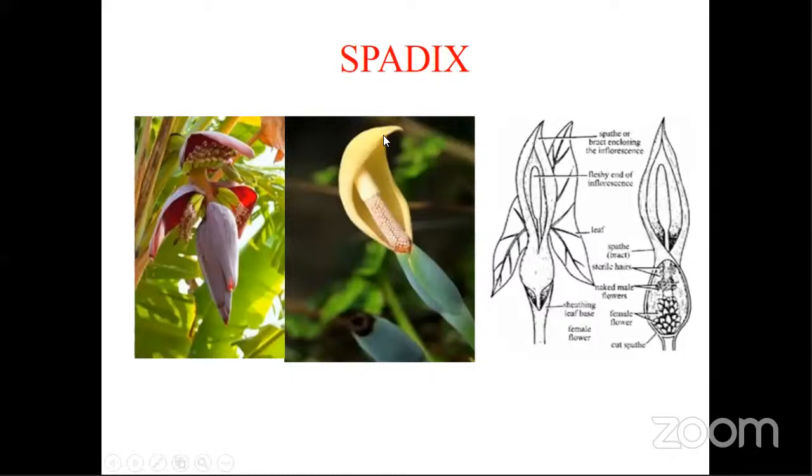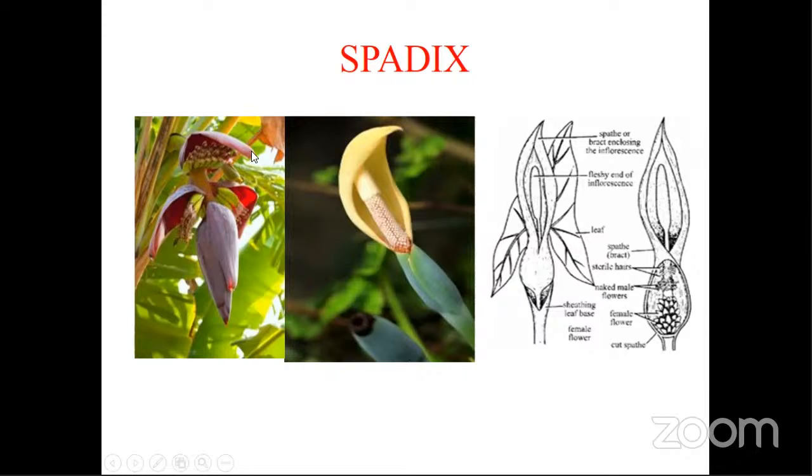We know flowers are produced in the axils of the bract. The bract here becomes very big. It gets modified into a spathe. In compound inflorescence, this is one spadix, and each one is protected by a leathery spathe. Whereas in coconut, all of this is protected by one big leathery bract.